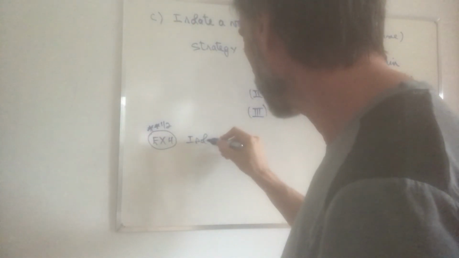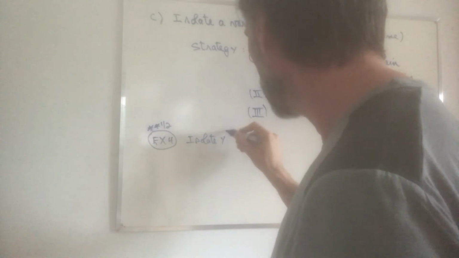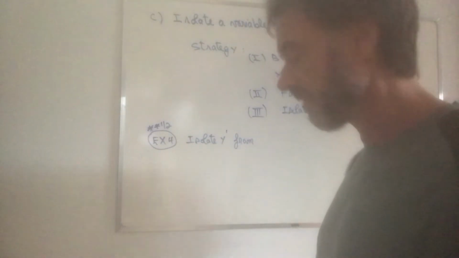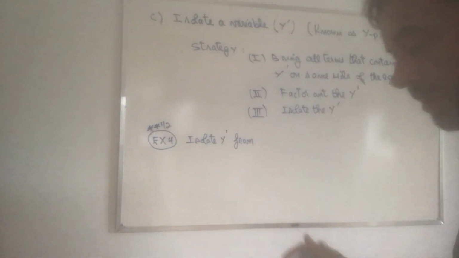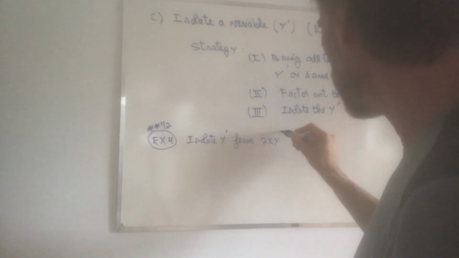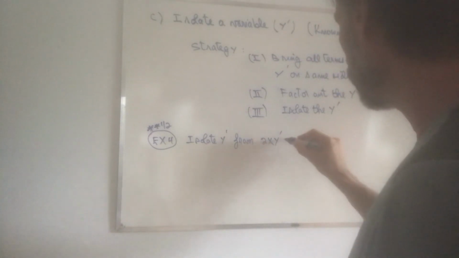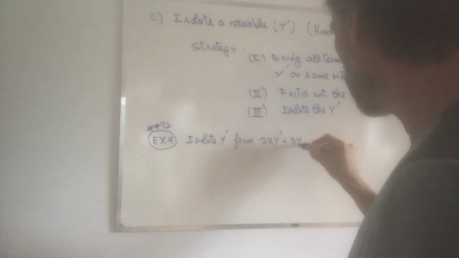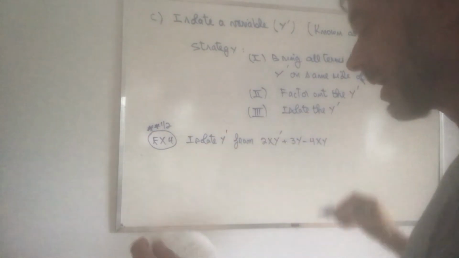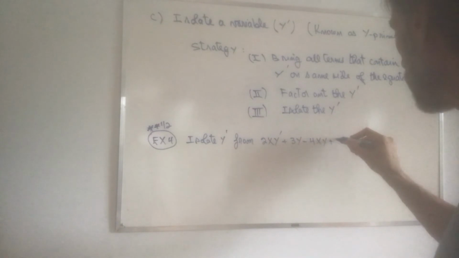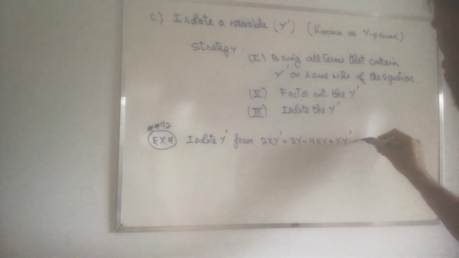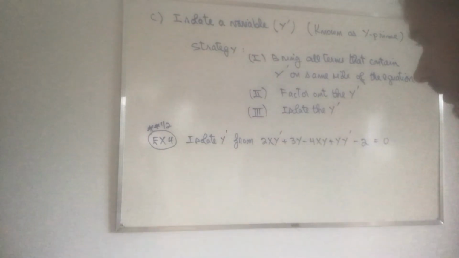So isolate y prime if I give you the following equation. What do I have here? 2xy prime plus 3y minus 4xy plus y prime minus 2 equal to 0.